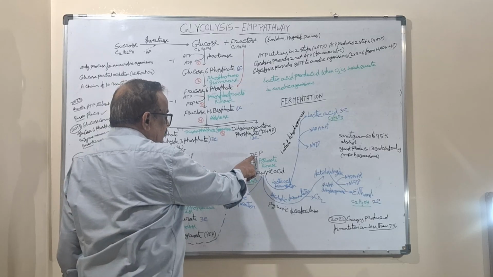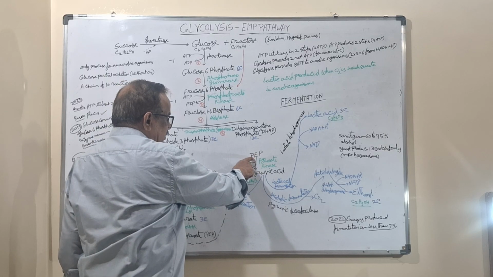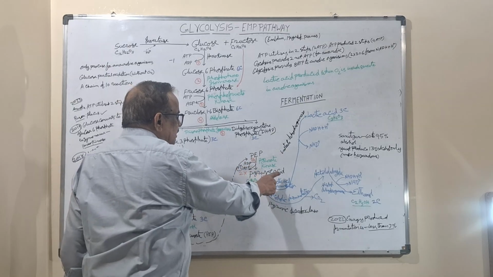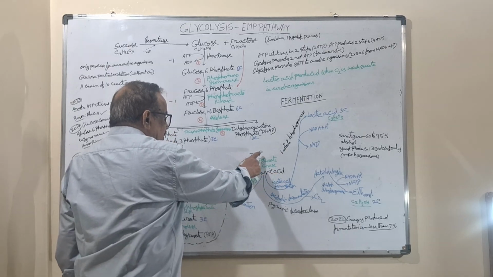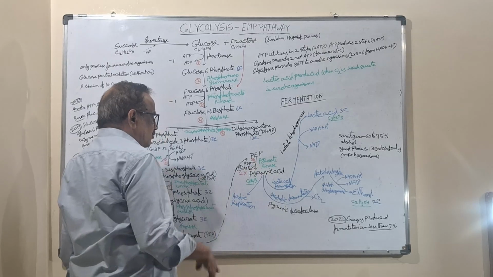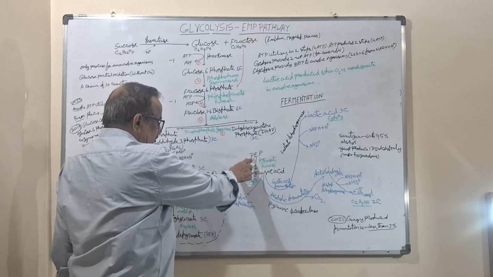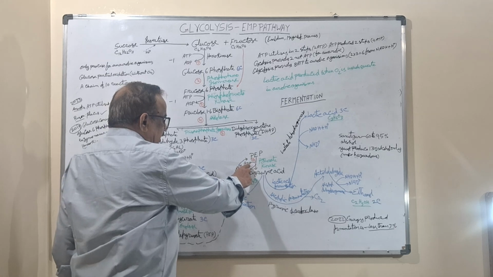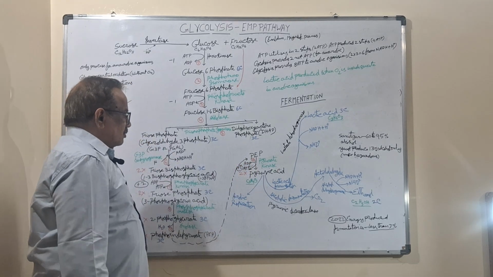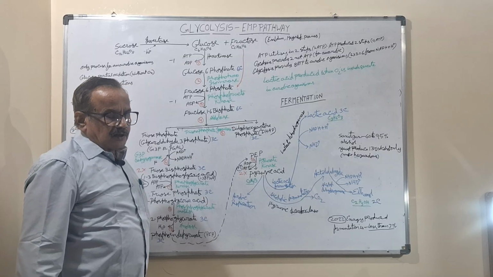The phosphate will be sent out and it becomes pyruvic acid. And the enzyme is pyruvate kinase. What will it do? The phosphate it will lose by converting ADP to ATP.